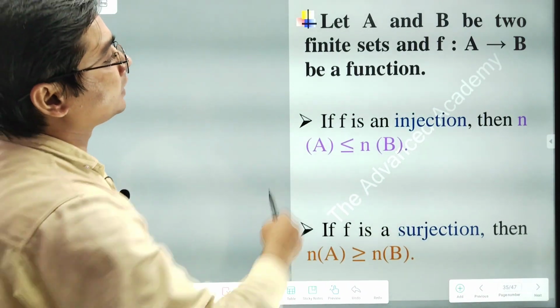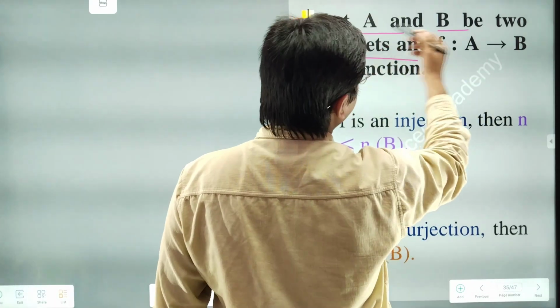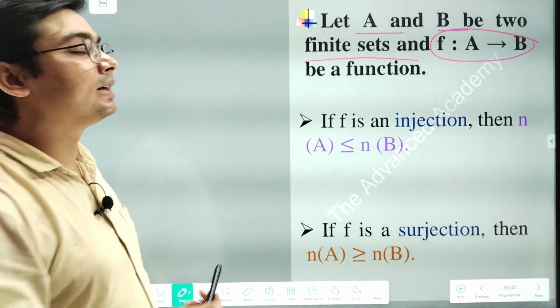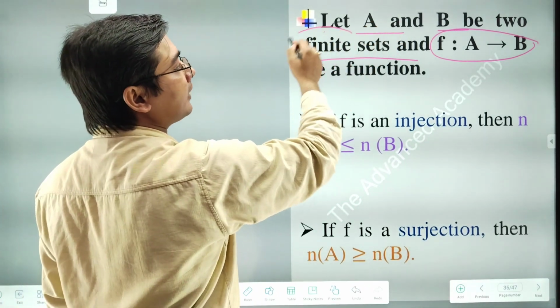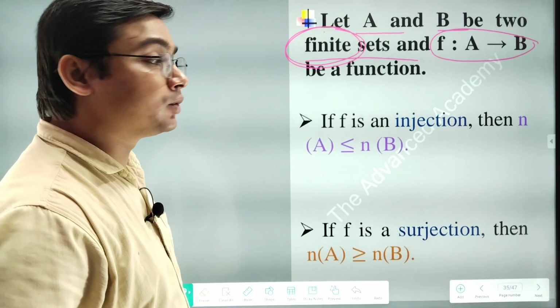And you see here, let A and B be two finite sets and f is a function from A to B. Here A and B are both finite.